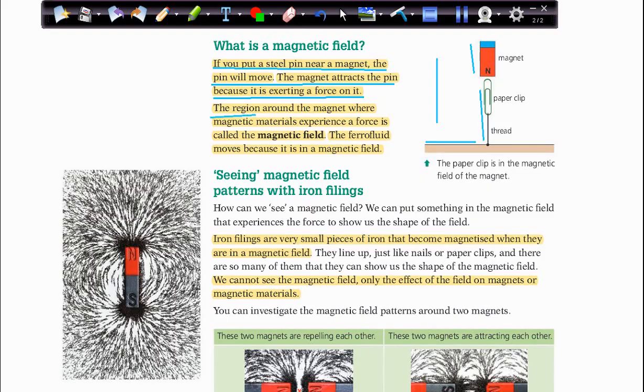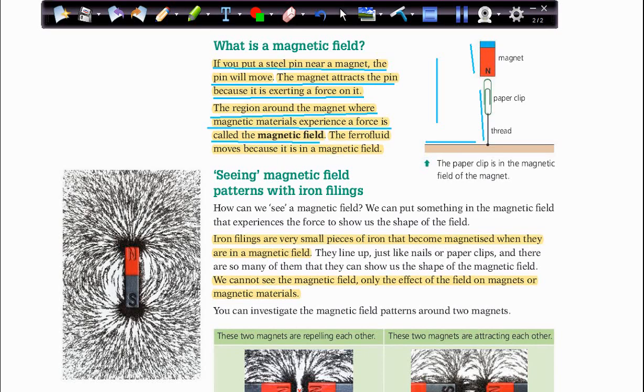The region around the magnet where magnetic materials experience a force is called the magnetic field. So around the magnets there is a field where the material experiences a force. This is called the magnetic field.